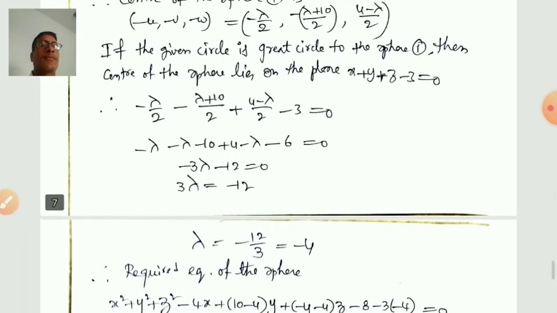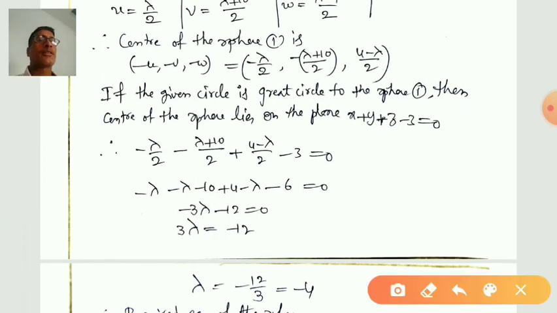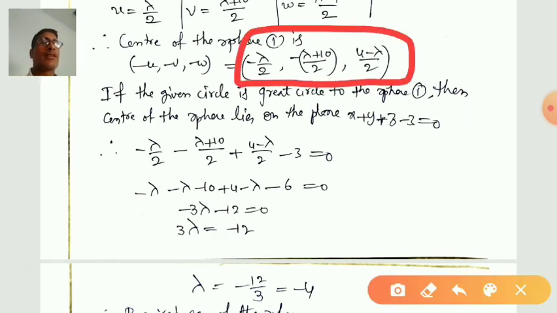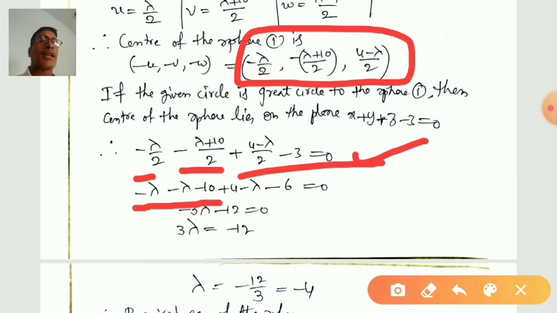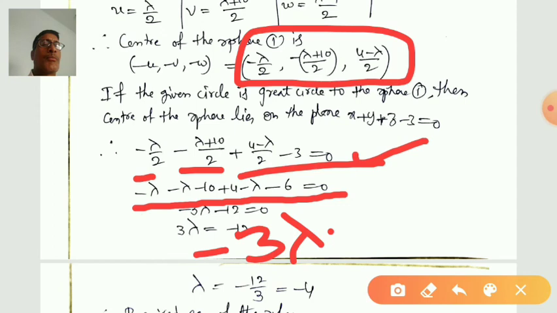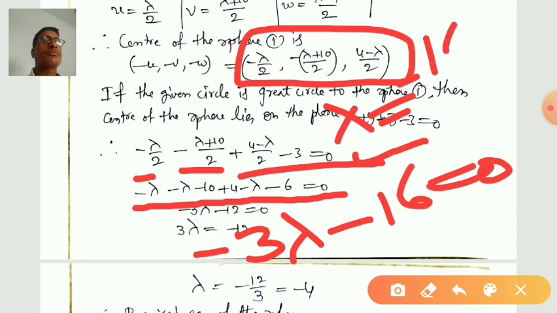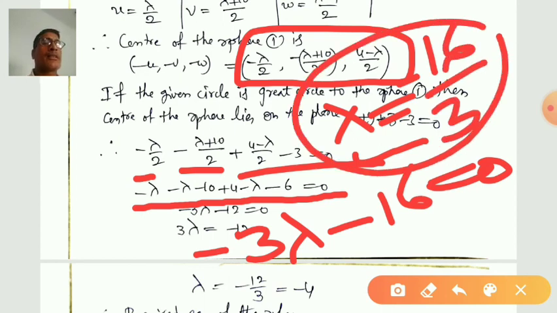Therefore, by substituting the center of the sphere in this equation, we will get x plus y plus z minus 3 is equal to 0, that is minus lambda by 2 minus (lambda plus 10) by 2 plus (4 minus lambda) by 2 minus 3 is equal to 0, which gives minus 3 lambda minus 12 is equal to 0.